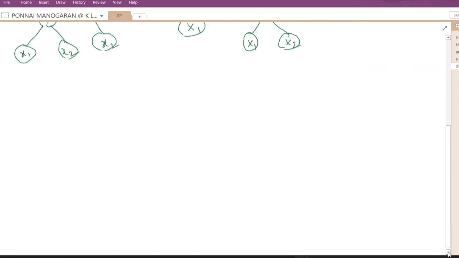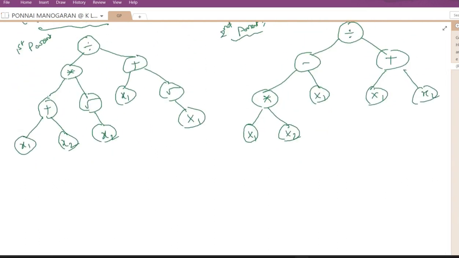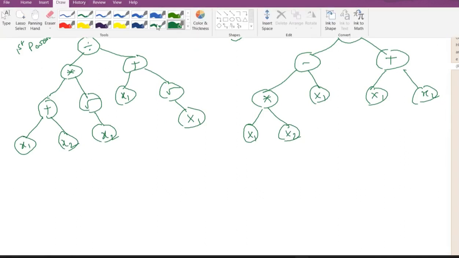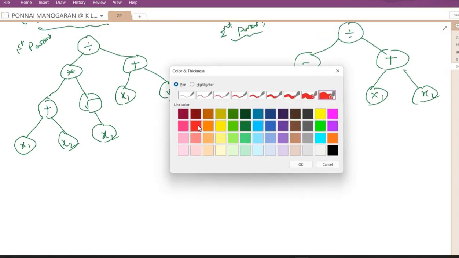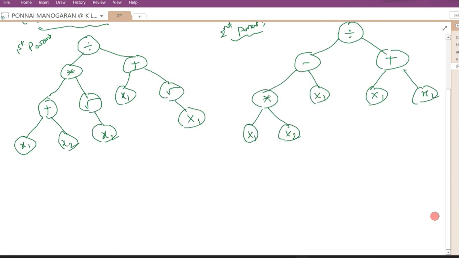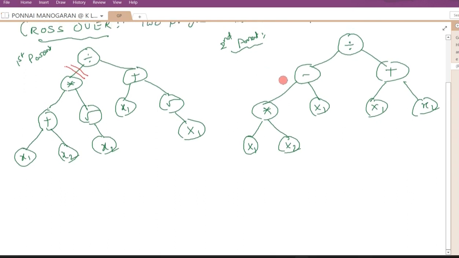Now let us perform the crossover operation. For understanding purposes, I am changing the color. Let us randomly select one node as a crossover node. Let us say, for example, I want to cut at this position. Similarly, you randomly select one node as a crossover node.